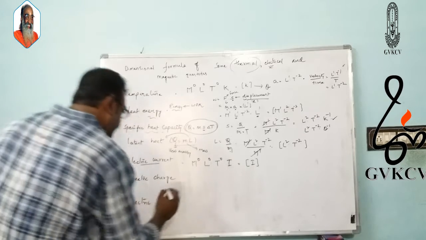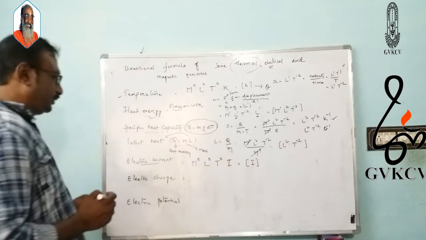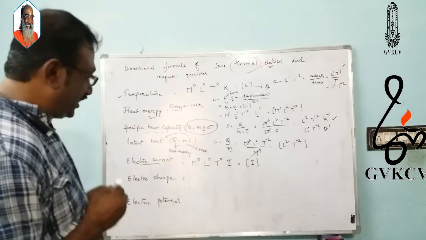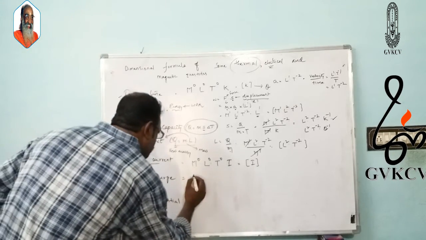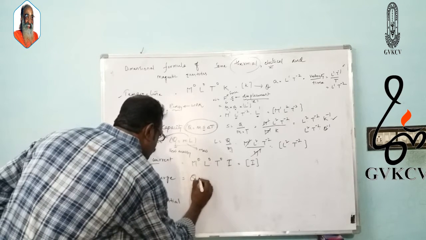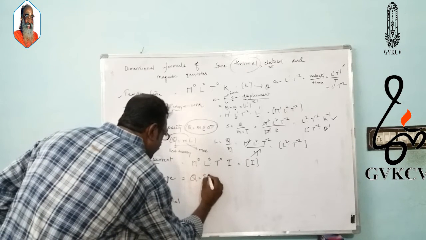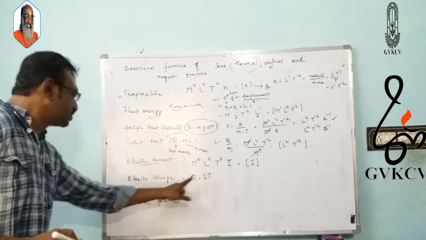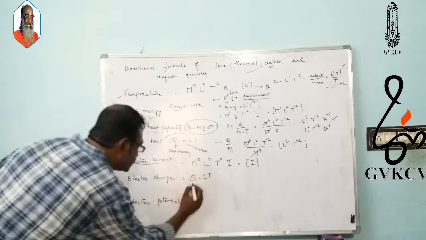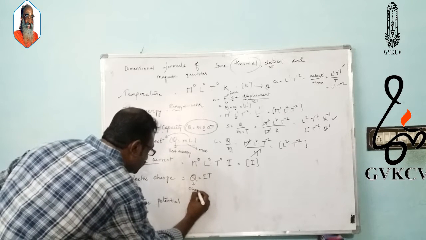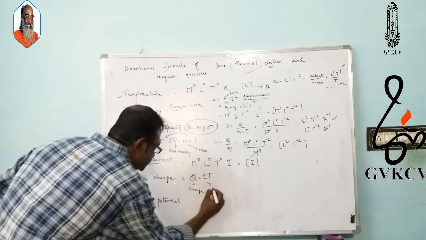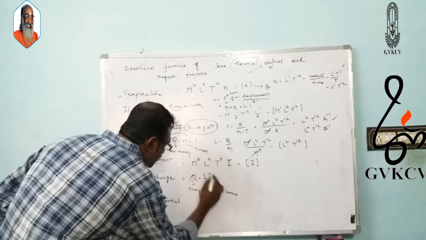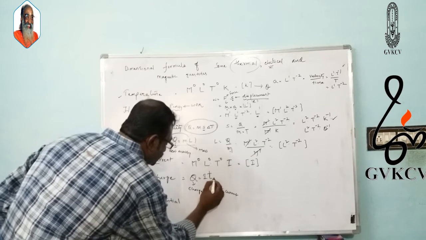And next coming to electric charge. This electric charge is not a fundamental quantity, it is a derived quantity, and you can remember the formula: electric charge Q is equal to IT. You have learned it in your 10th standard. Q is equal to IT. So this Q is the charge, this is the electric current, and this is the time.